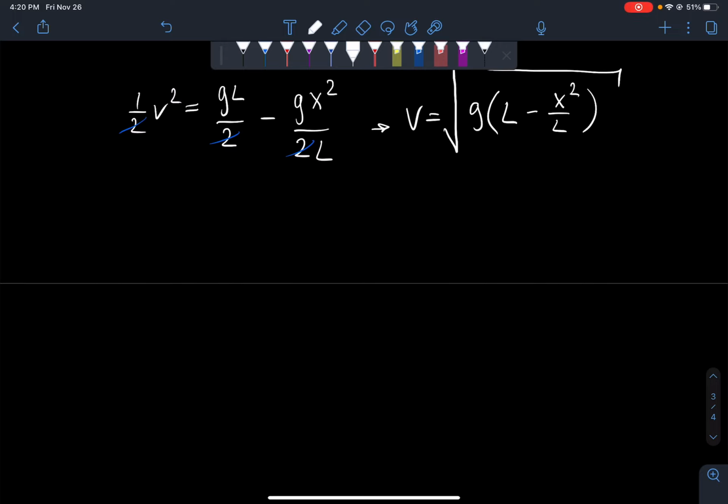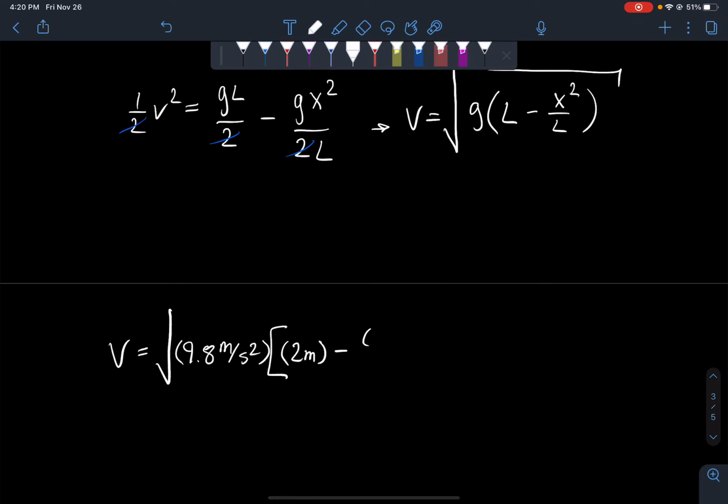So just plugging in the numbers, v is equal to the square root of 9.8 meters per second squared times L, which I believe is 2 meters. I'm going to go check that in a sec. 2 meters minus x, which I think is 0.5 meters, squared, divided by L, which is 2 meters.